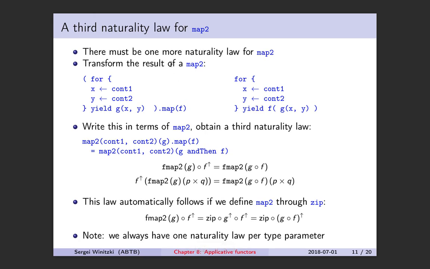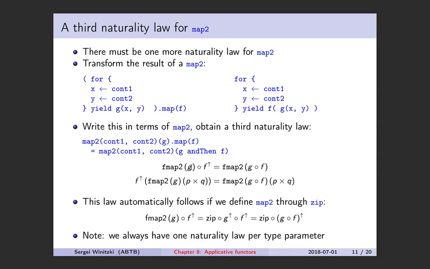So what is the third naturality law? It's a law where we transform the result of map2. We have not done this. We have not thought of doing this. Transforming the result of map2 should be equivalent to doing map2 like this and transforming the result of G. So when we write it in terms of map2, we get this equivalence.